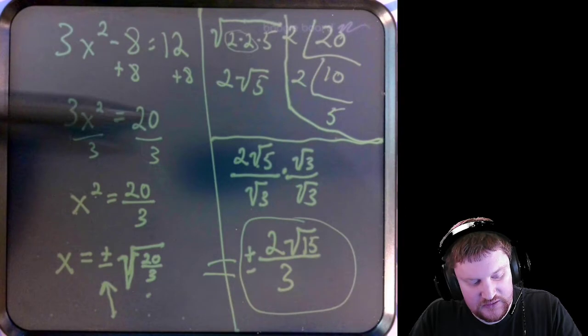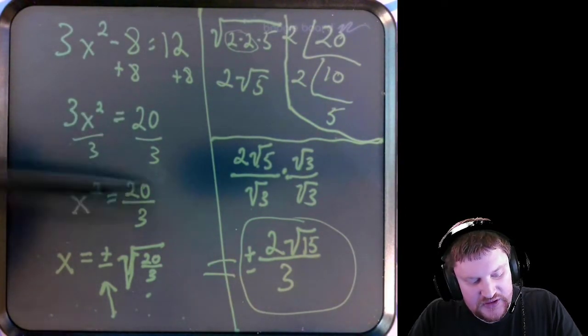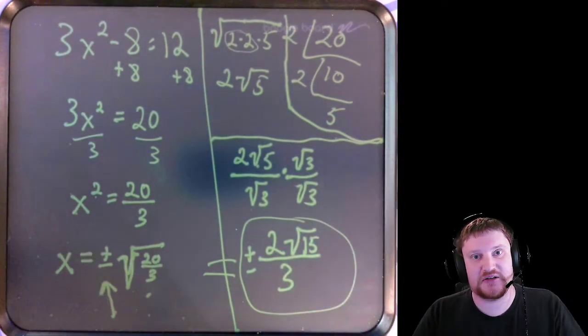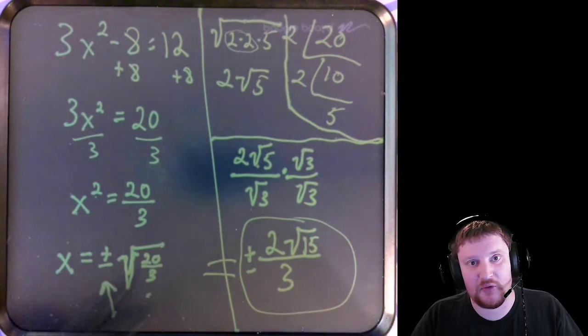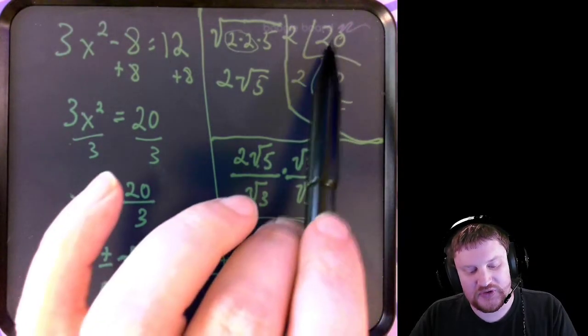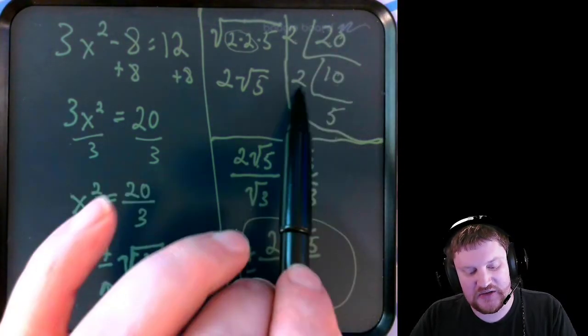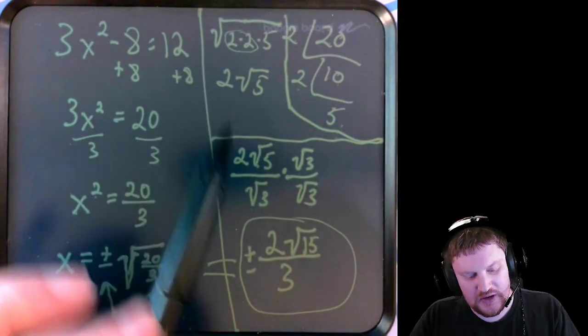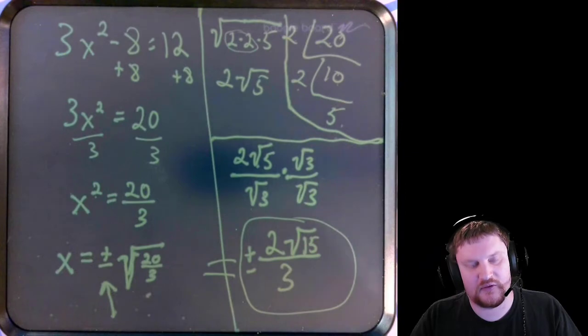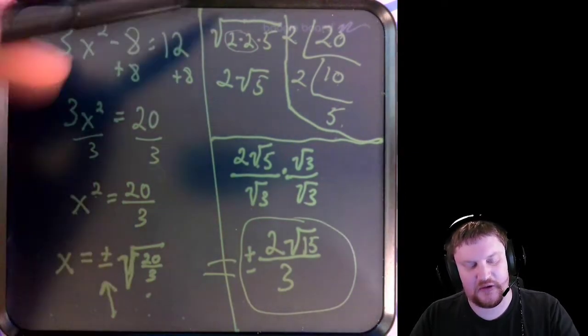I divided. Now, square root is complicated, but notice that when I took the square root, I actually didn't have to know any squares or anything. All I had to be able to do was take 20 divided by 2 and 10 divided by 2. And then I rewrote the square root of 20 as 2 times the square root of 5. That's the hardest step here.